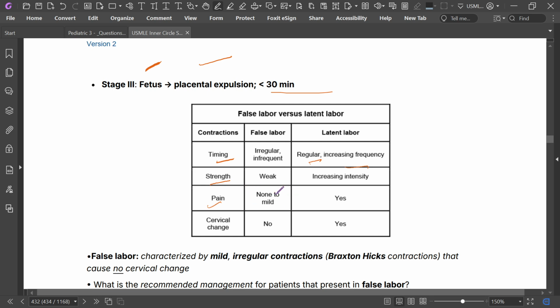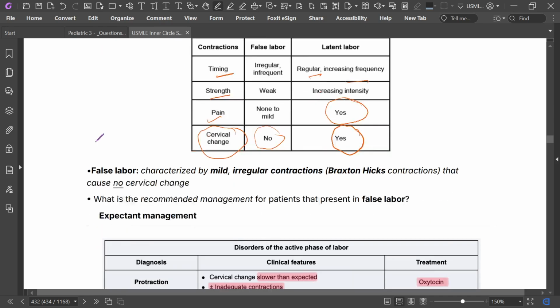Pain is none to mild in false labor, and in latent labor pain is high. Cervical changes: in false labor, no cervical changes. For latent labor, cervical change is present.